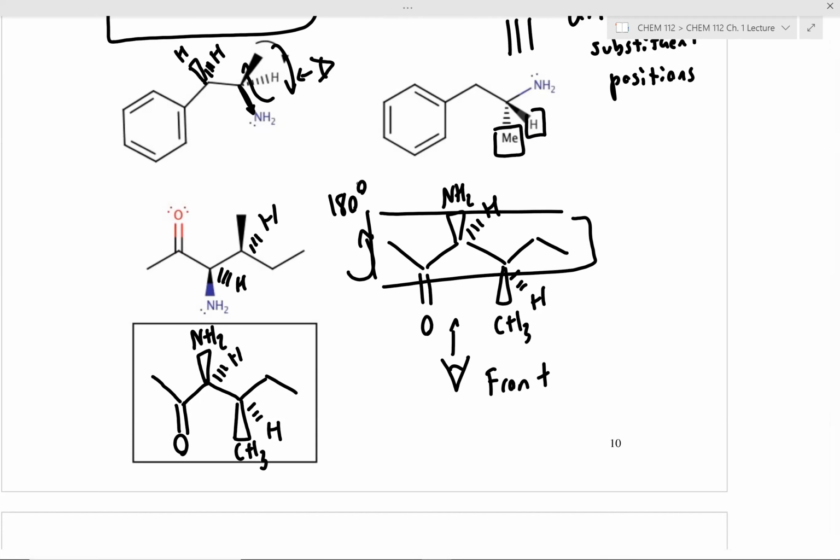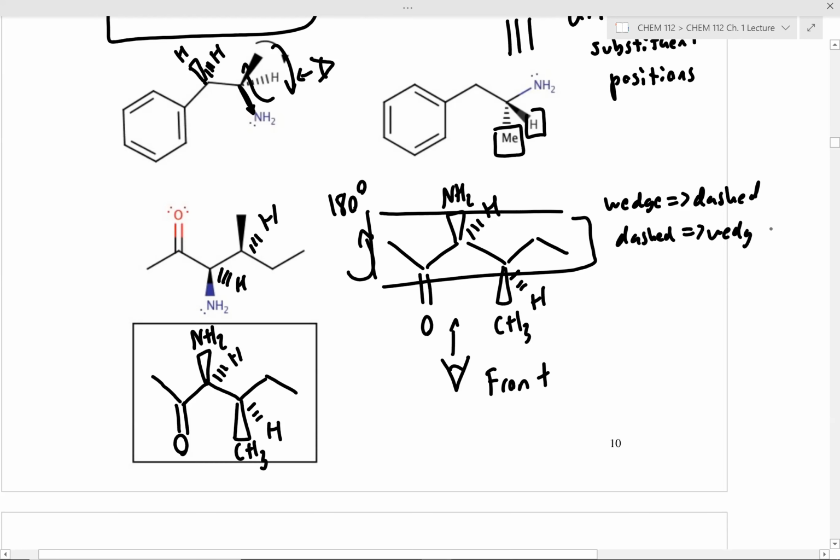And we're going to look and see what happens to each of our substituents. So when we flip each of our substituents 180 degrees, all of our wedge substituents will become dashed, and all of our dashed substituents will become wedged. Then after we flip each of our substituents 180 degrees, we'll end up with the following structure.